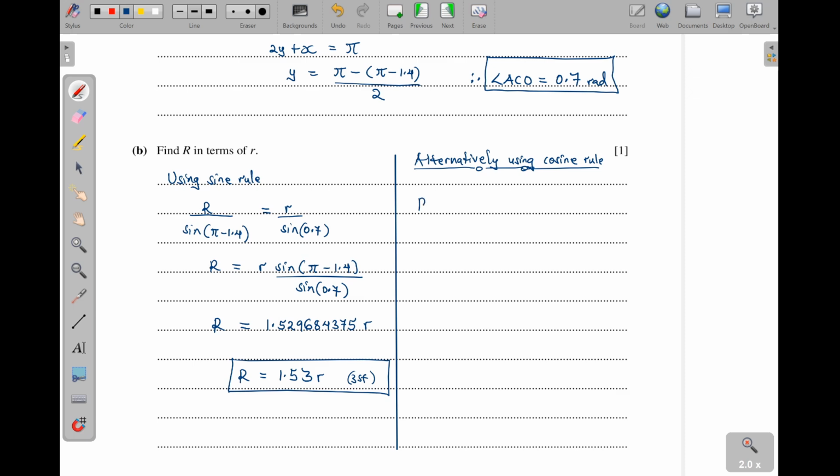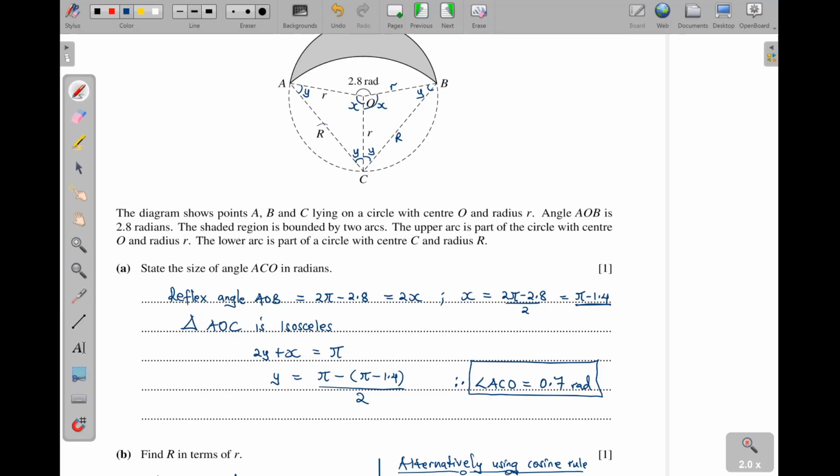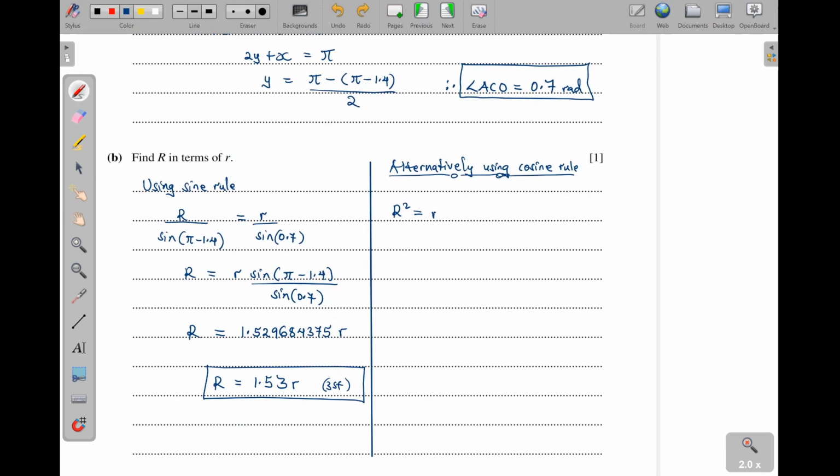So we can have R squared is equal to this squared plus this squared minus 2 times this, then cos of the angle that is opposite to this R. So R squared is equal to small r squared plus r squared minus 2 times r times r, cosine of the angle which is opposite to this capital R, that is x there.